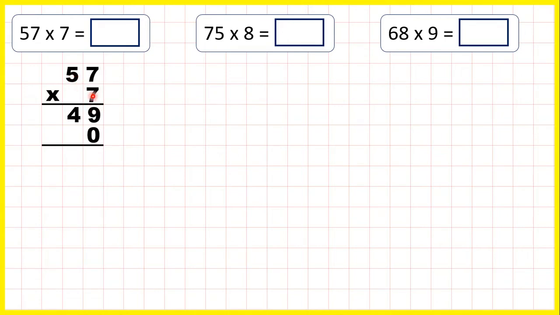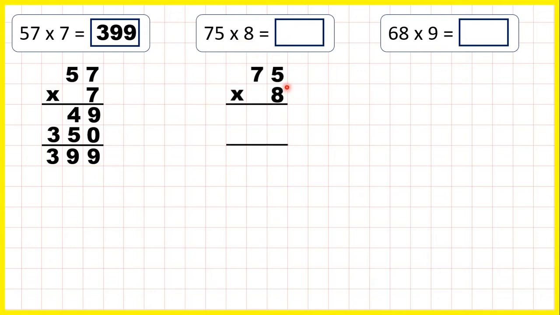Now 5 times 7 is 35, so we can just add up our answer lines. 9 plus 0 is 9, 4 plus 5 is 9, and nothing plus 3 is 3. So 57 times 7 is 399.